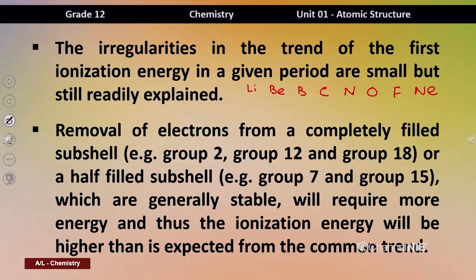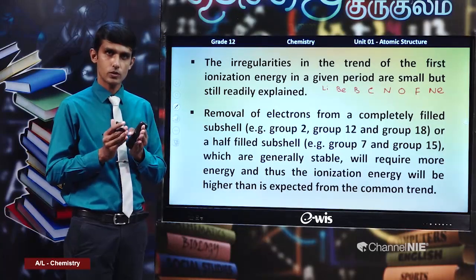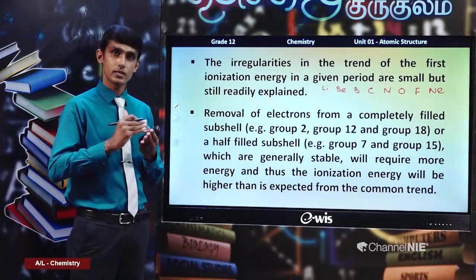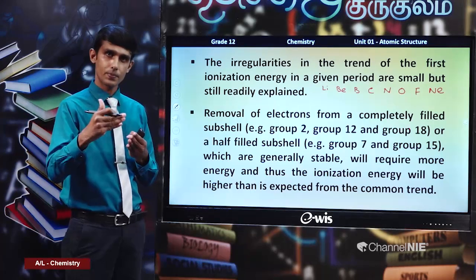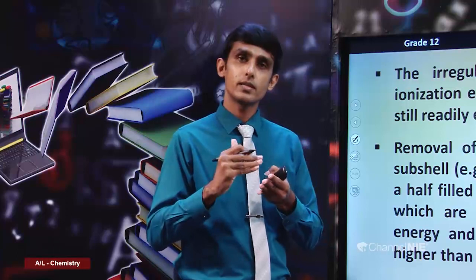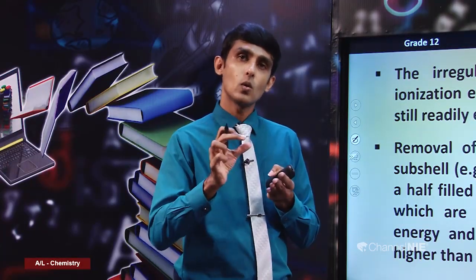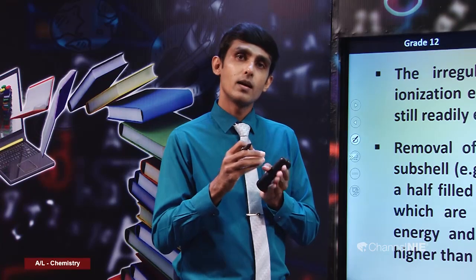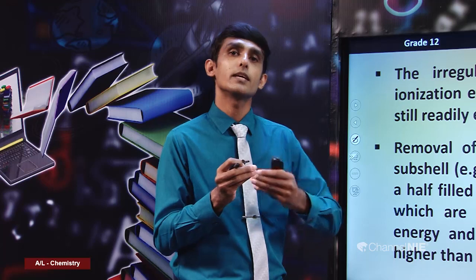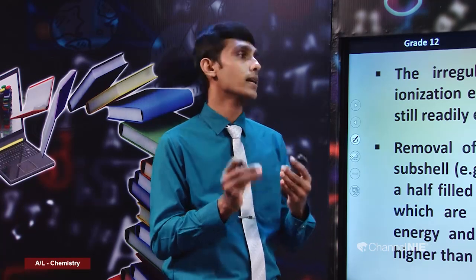According to the variation of the effective nuclear charge, I explained that the first ionization energy should increase. But here the variation is not a steady increase. There are a few irregularities, or at certain places there are increments greater than the expected amount. That can be explained like this.